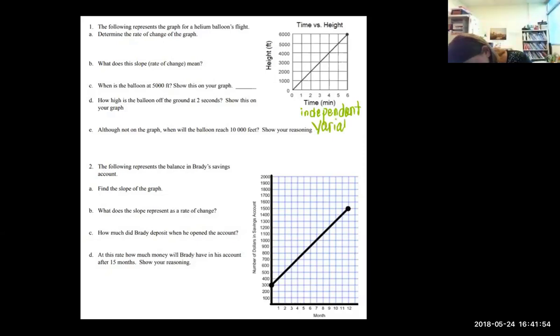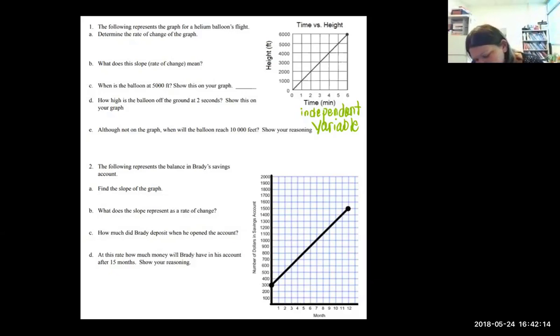Time marches on no matter what I do. It's independent. Time just moves on by itself. That's one of the ways I remember it. And very frequently, the independent variable is time. You're going to see time a lot on these graphs when you have real world applications, because we're often looking with a line graph about how things change over time. Does that make sense to you, Miss Marilli?